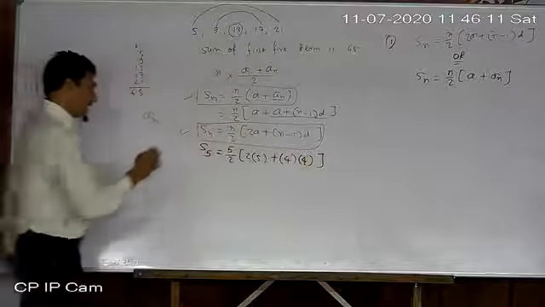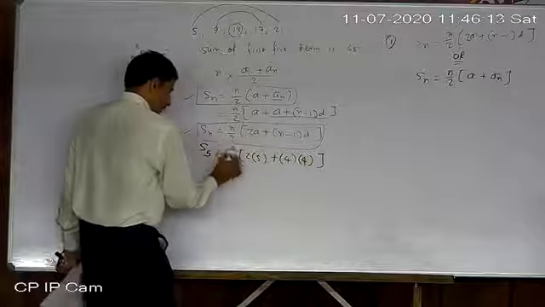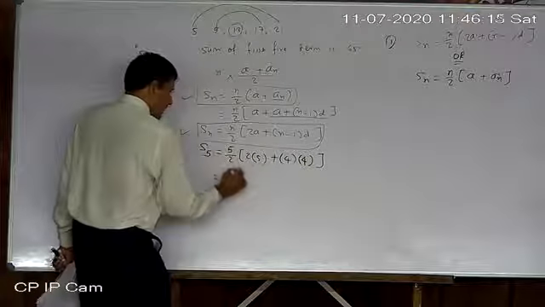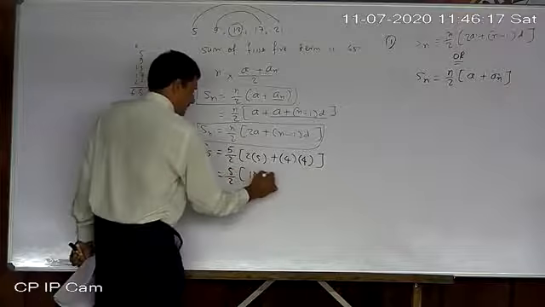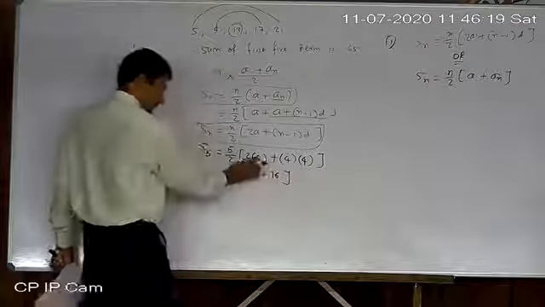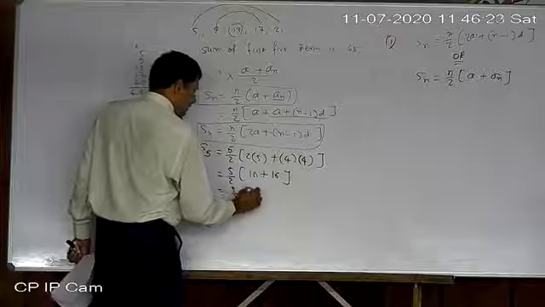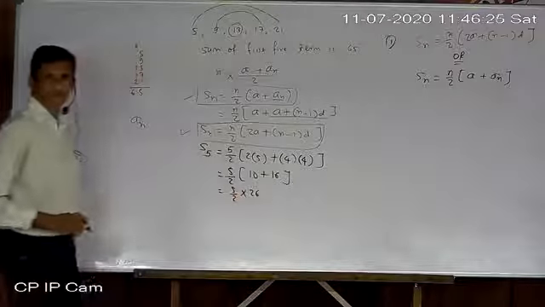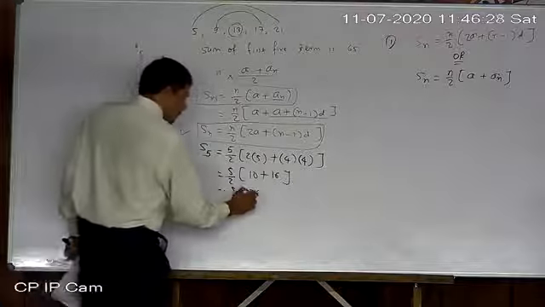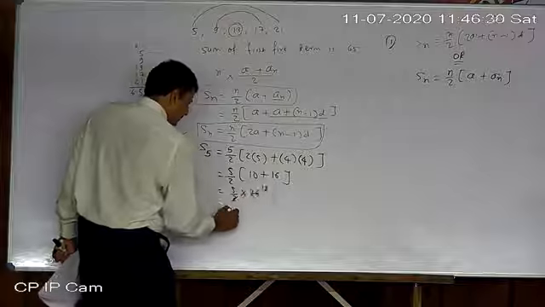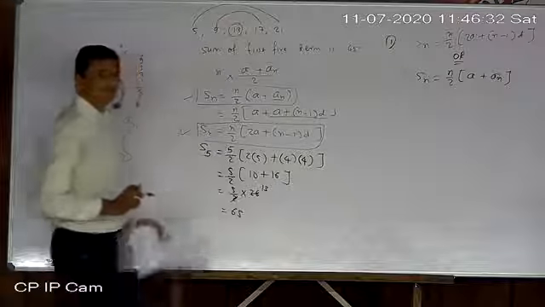Now, cancelling is not possible here. So write down 5 by 2 only, 10 plus 16. 5 twos are 10, 4 fours are 16. So 5 by 2 into 26. So 2 into 13, 13 fives are 65.